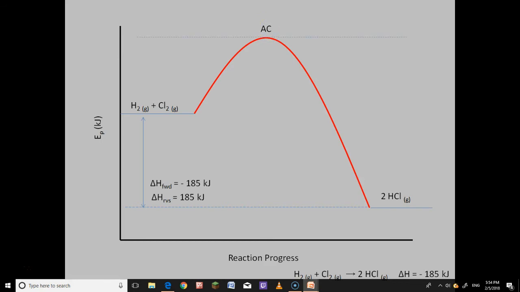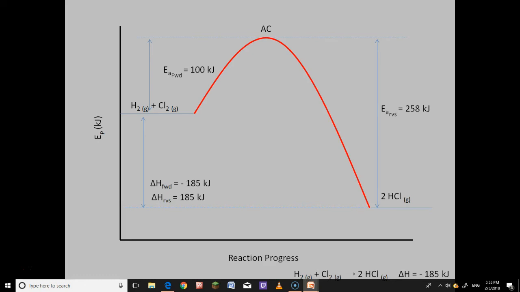Okay, and so this energy that is required to go from my initial state, where my reactants are, to the peak of this curve is called my activation energy. This would be my activation energy for my forward reaction, because it's the energy required to go from where the hydrogen and chlorine gases are to the very peak. If I wanted to see my activation energy for the reverse reaction, it would be the energy to go from where the two HCl molecules are to the peak of the curve as well.